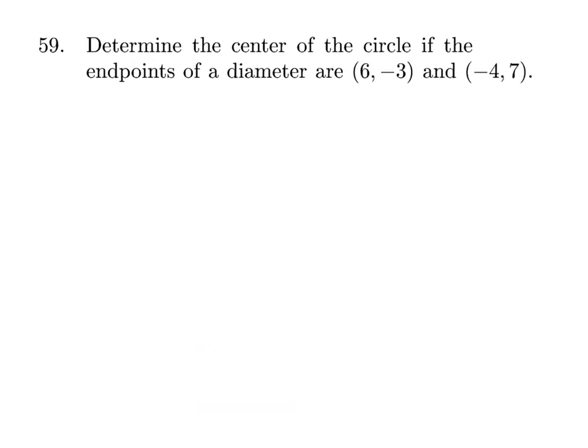Done. Determine the center of the circle if the endpoints of a diameter are 6, -3, and -4, 7. The endpoints of the diameter are 6, -3, and 4, -7. So essentially I'm going to be using the midpoint formula here. Because you have a circle, diameter, they give you the endpoints.